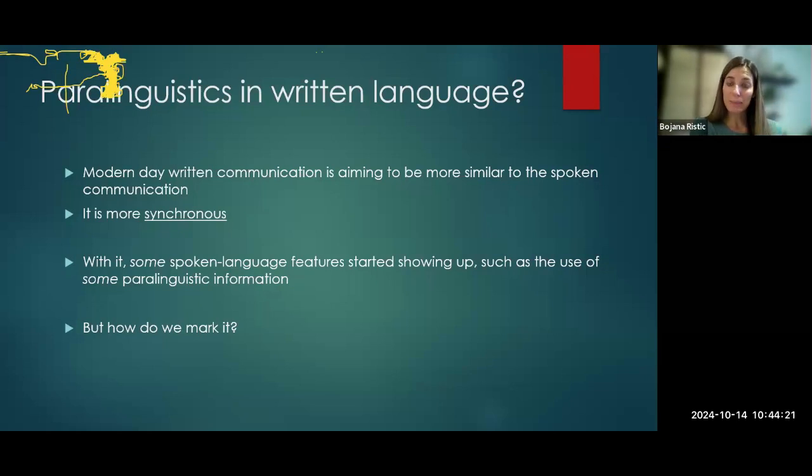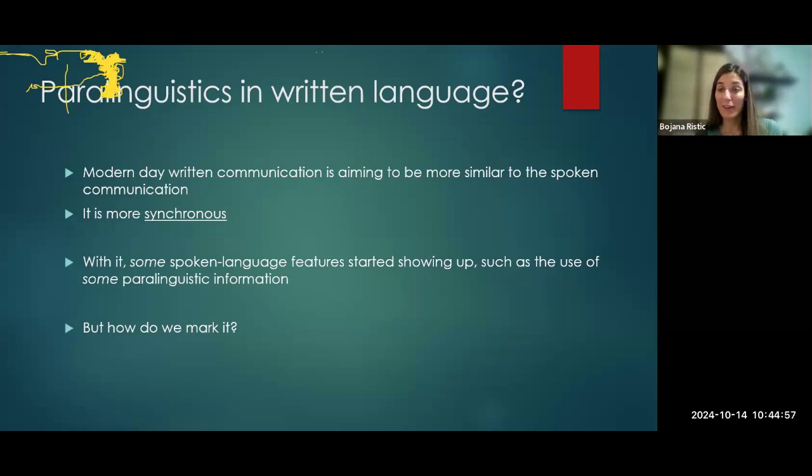So some of the aspects of spoken communication, such as the feedback, the reactions, talking right away, this is present in this type of written communication. And with that, written communication that is happening today, using our computers and mobile phones, is becoming in some aspects a little bit more like spoken, by adding some of these paralinguistic features.